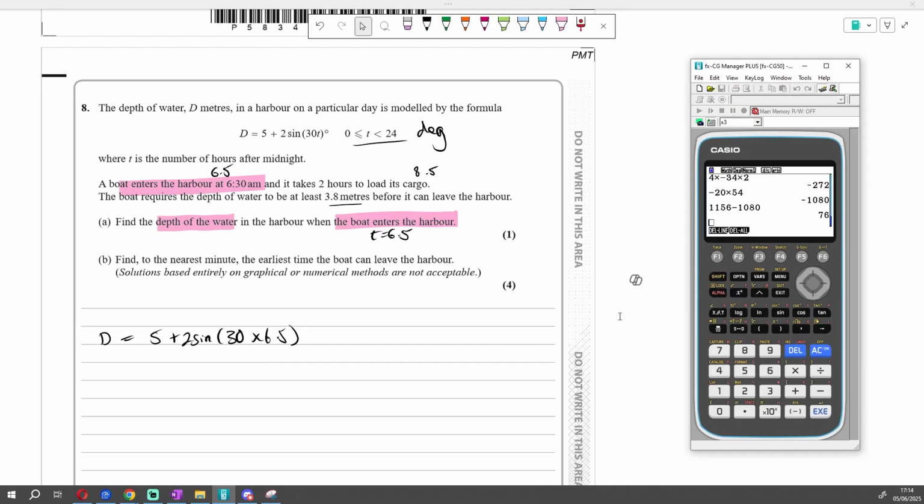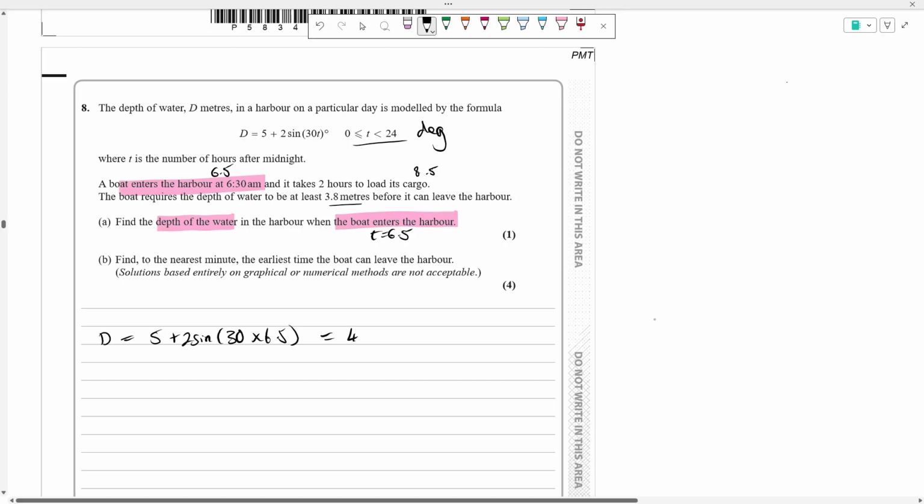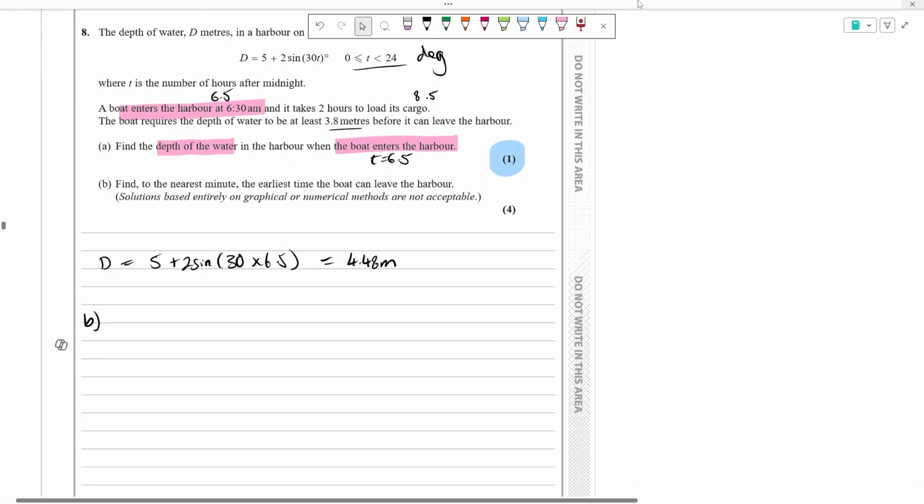And if I bring up the calculator, that's going to be 5 plus 2 sine, I am in degrees, which is cool, 30 times 6.5, and that gives us 4.48 meters. Looking at the question, always look at the marks as well. It gives you a gauge of the difficulty of how much work you should be putting in.